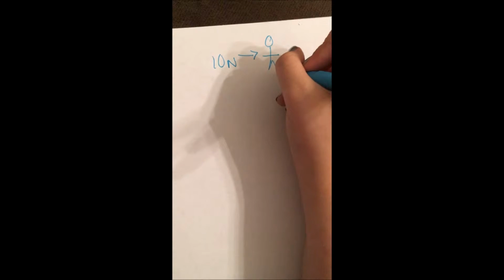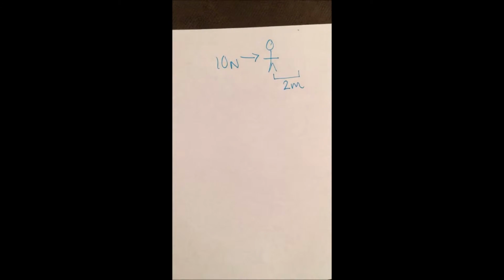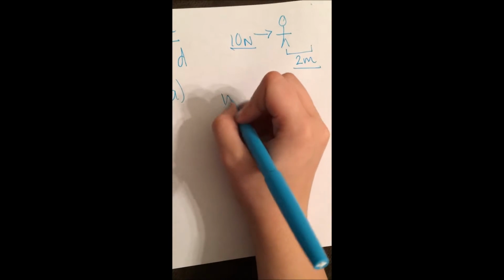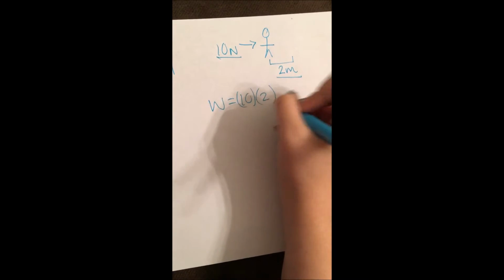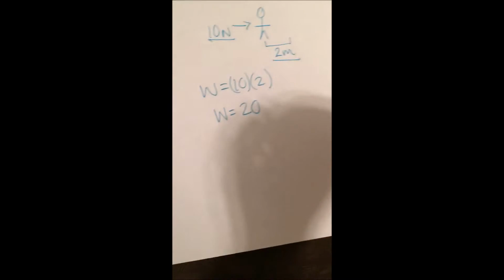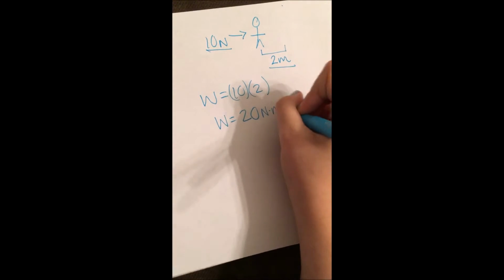This example asks us to calculate the work done if a 10 Newton force acts on a body and it moves at a displacement of 2 meters. So we need to plug the values into our formula. Work equals, our force is 10 and our distance is 2. So the work is 20. Pretty simple. And this is measured in newtons times meters.